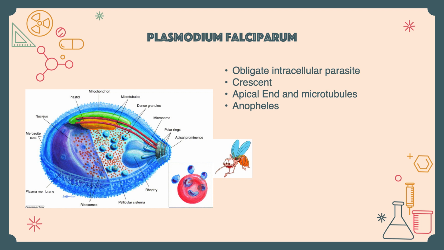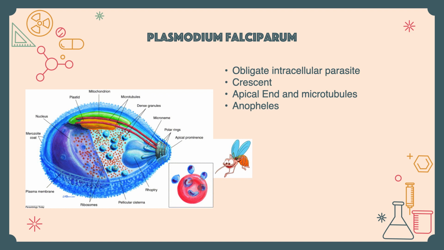Specialized organelles are used to penetrate and get inside the host cells, and these are the apical end and the microtubules. And the mode of transmission is the Anopheles mosquito, specifically a pregnant female, because she needs the blood to feed the larvae.